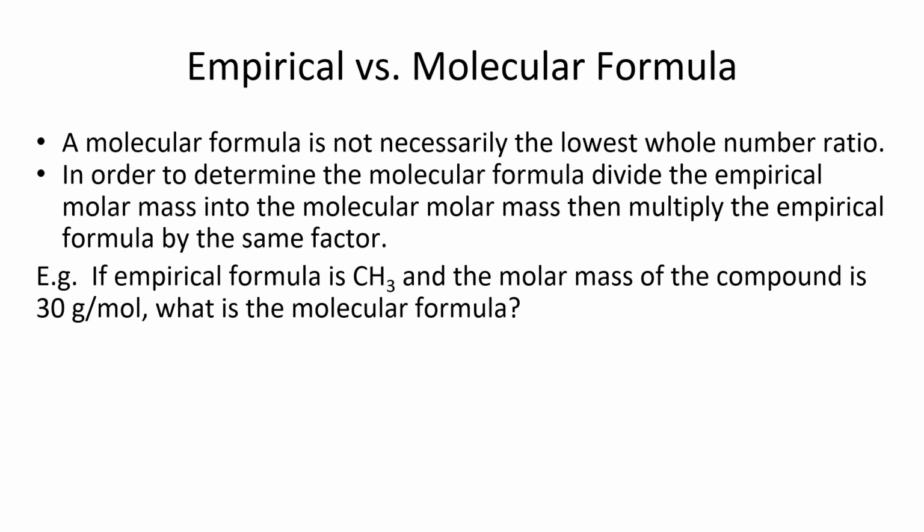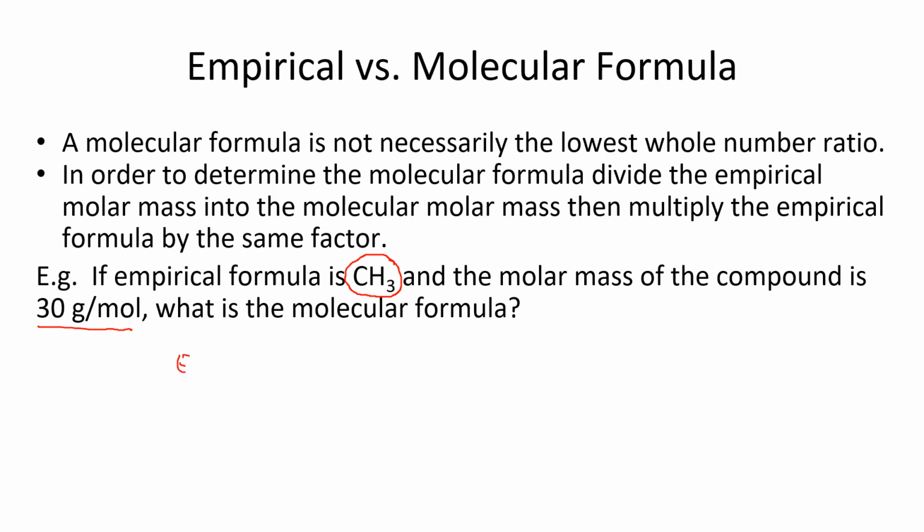So in our example here, you go through the whole process and you worked out the empirical formula of a compound is CH3. So CH3 isn't really possible. If you try to draw that, you'd have free electrons hanging around, and you won't have a stable molecule. And its empirical molar mass doesn't match the molar mass of the actual compound.